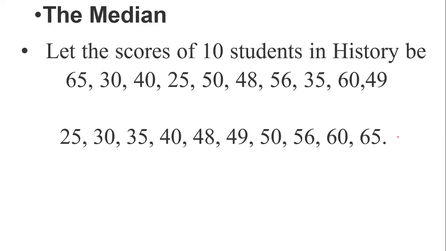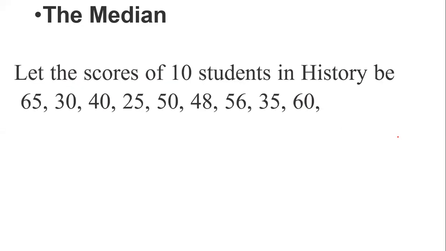So I have now ordered my data. When you look at this data, 65, 30, 40, 25, 50, 48, 56, 35, and 60, there are 9 values listed, not 10.